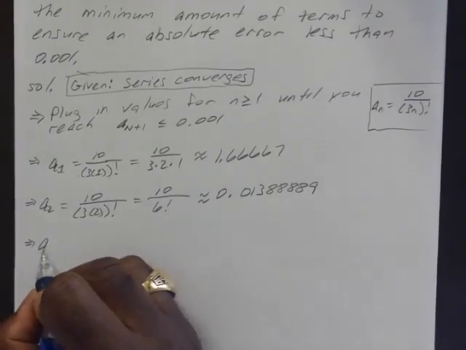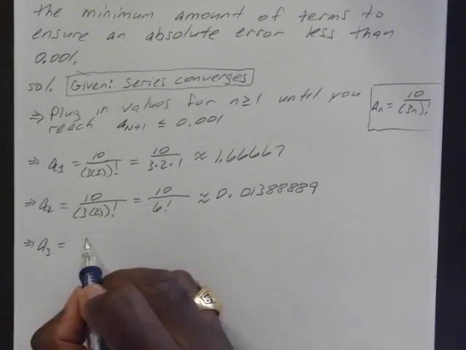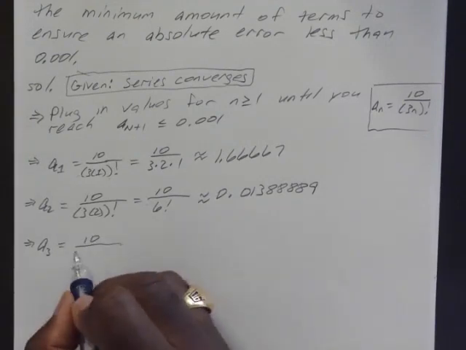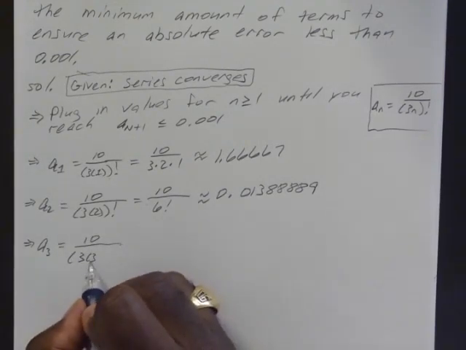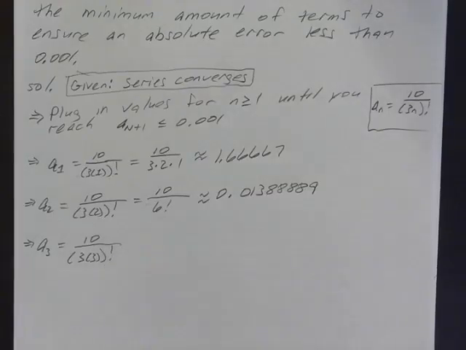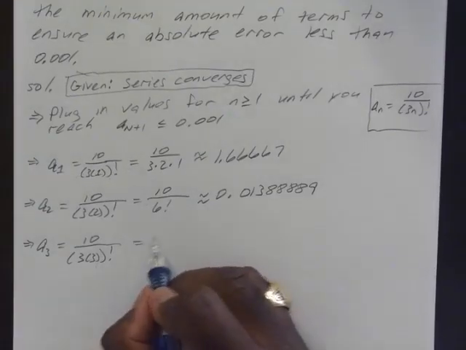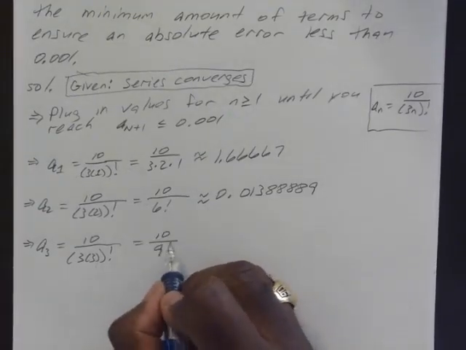So if you plug in n is equal to 3, that's 10 divided by 3 times 3 factorial, or just 10 divided by 9 factorial.